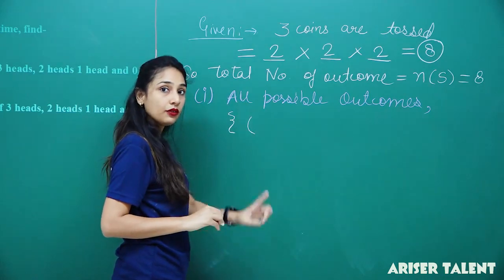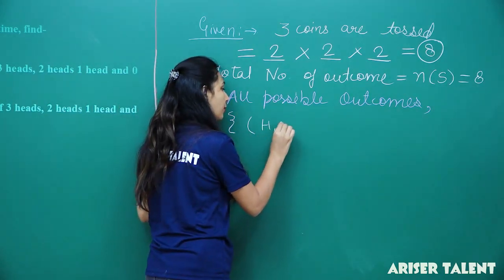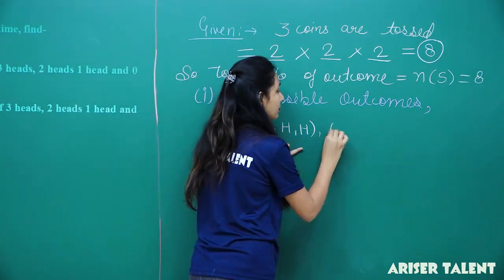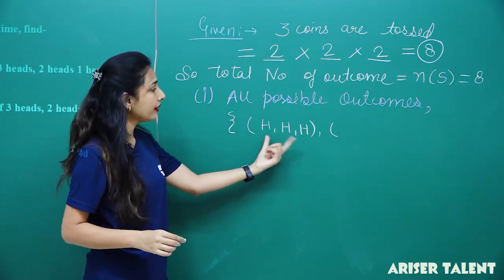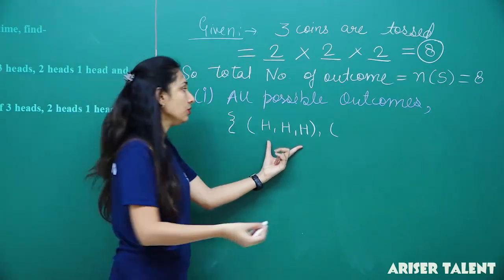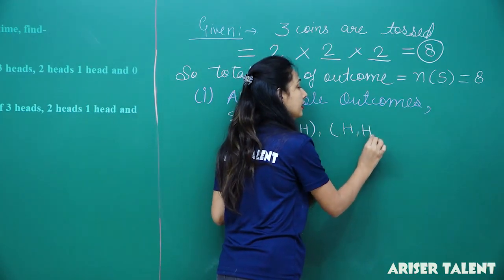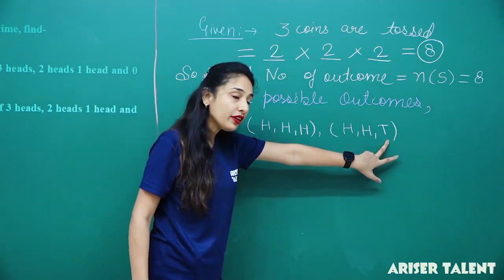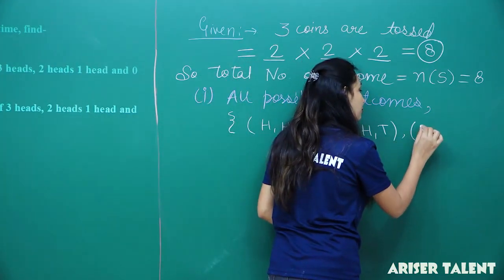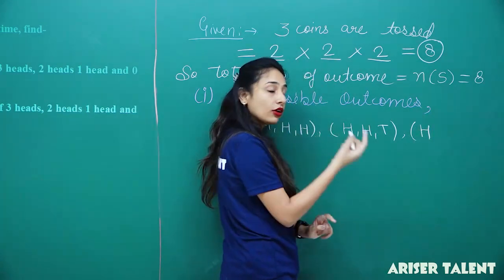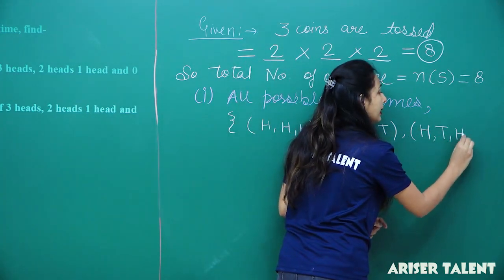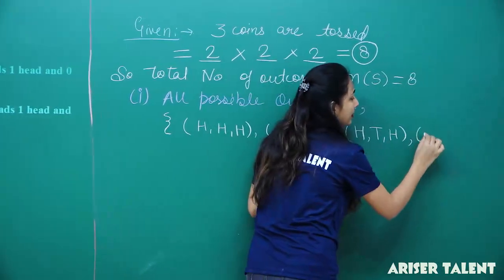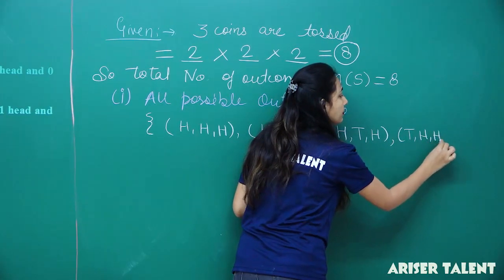It can be a head, the first one, and I'm assuming all 3 will be heads. Now there may be a possibility that any of them may be a tail. So we'll work on that too. This is the first coin, this is the second coin, and this is the third coin. Now I'll have the possibility of getting the tail on the second coin. Again this can be on the first coin too.